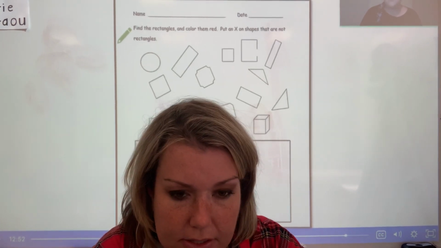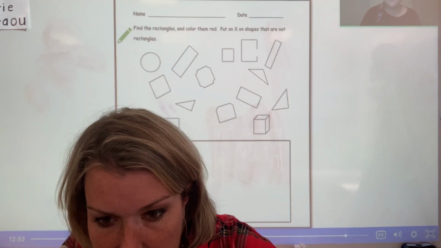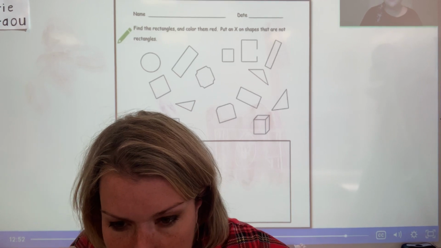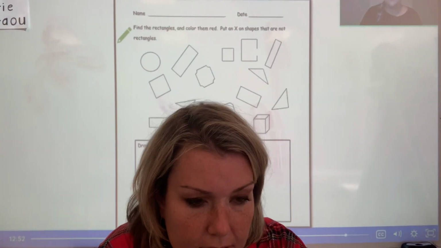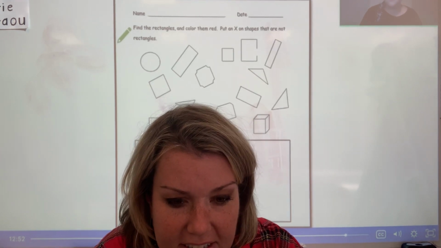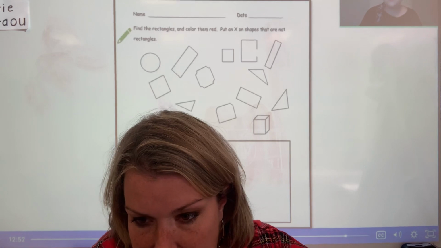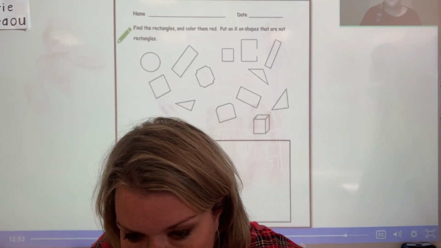Is there anyone else who'd like to share? Anya. Anya. Let me spotlight Anya. And you may hold up your paper. Excellent, Anya. That looks fantastic. Thank you, Anya, for sharing your rectangles.